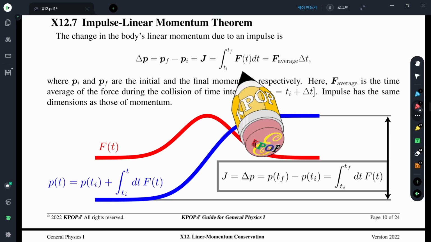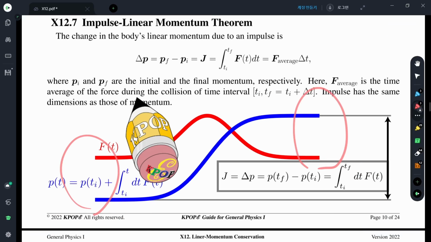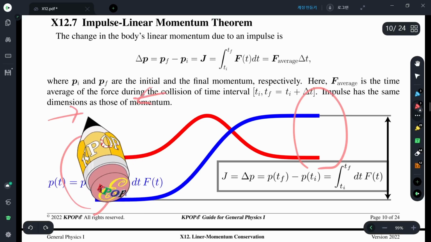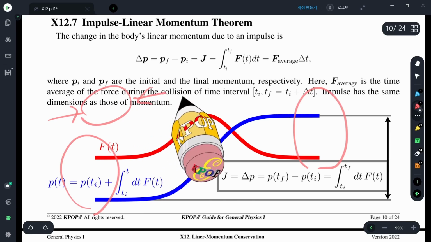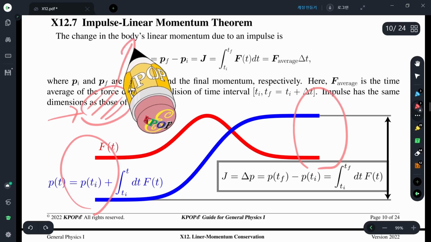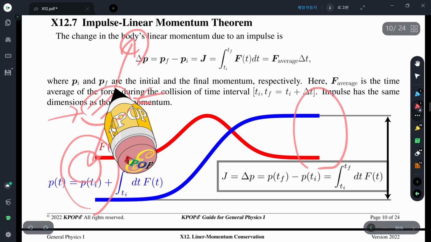Anyway, before and after the interaction, we assume the particles are free. This is mostly for collisions. In a collision, two particles were initially free particles, and for a short time they interact, and in the final stage, they return to the free particle state.